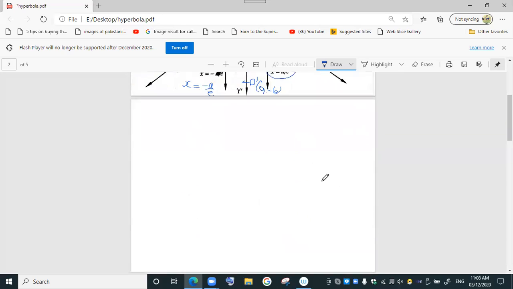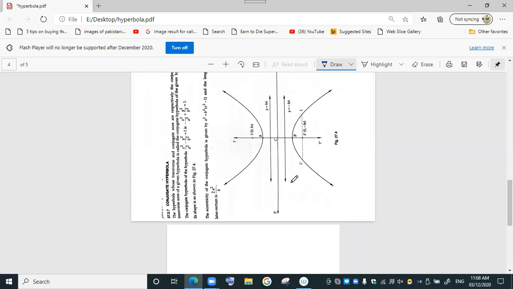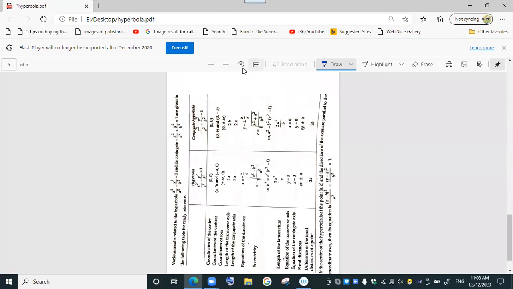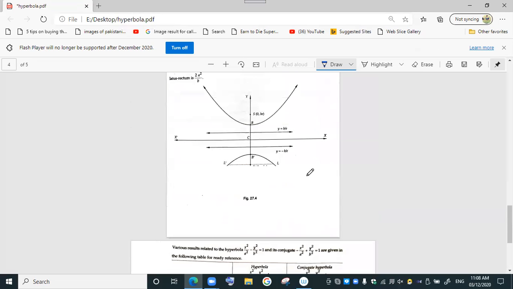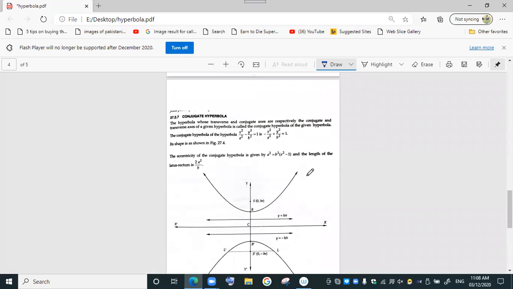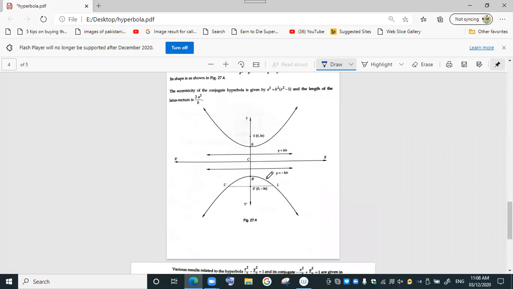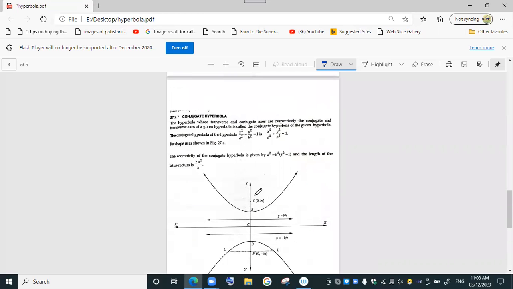Okay. So now we come to the conclusion that we have this equation. The second type of hyperbola is this one. This is called the conjugate hyperbola. It is not called a vertical hyperbola, it is called a conjugate hyperbola.